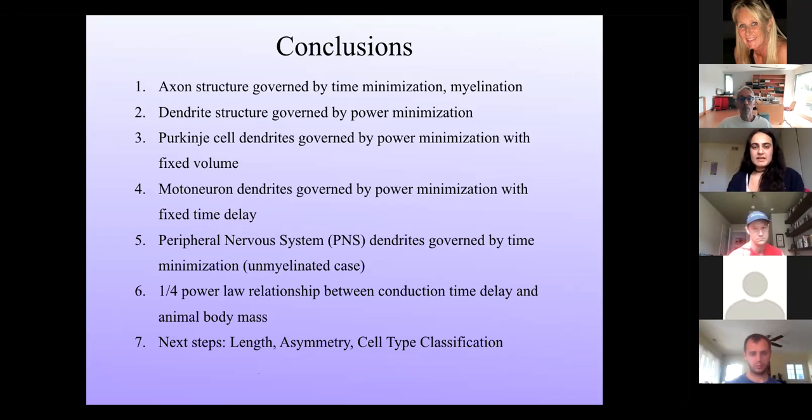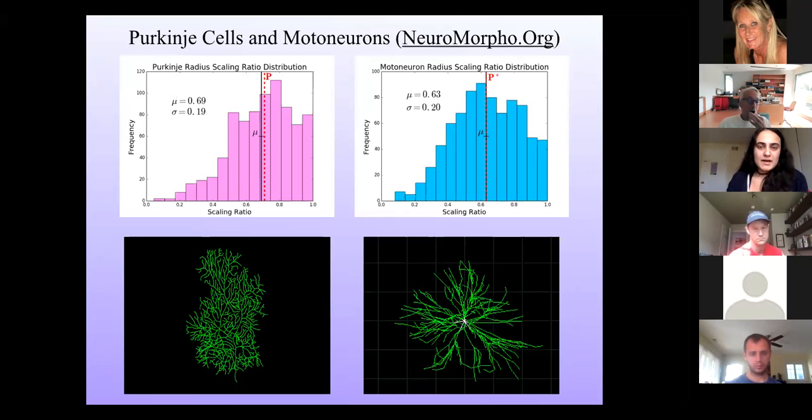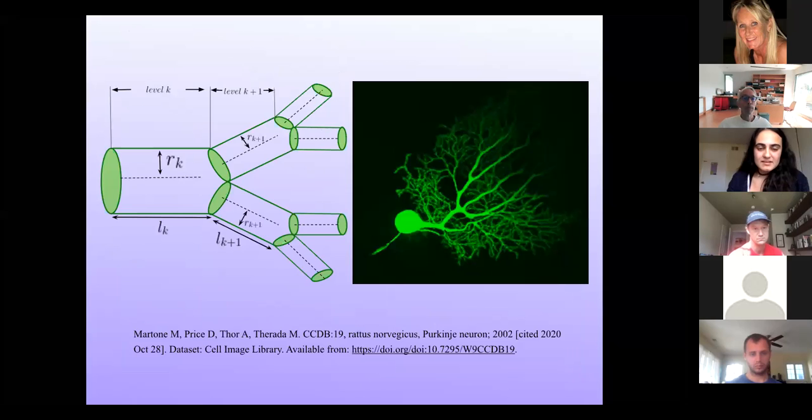Another thing is, I'm going to go back to here. In this whole analysis, we've made the assumption that the radius is symmetric in this branching, so the radii of both of the daughter branches are equal to each other. This is often not the case in biological systems, and previously in other biological systems, we've looked at asymmetry of radius and length.